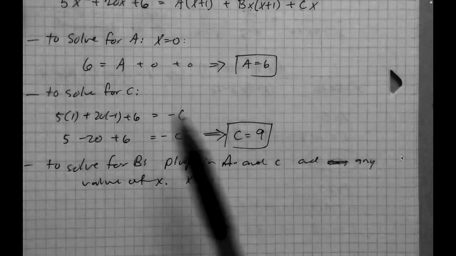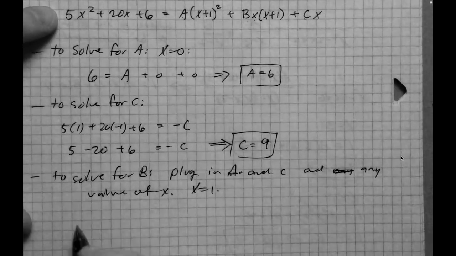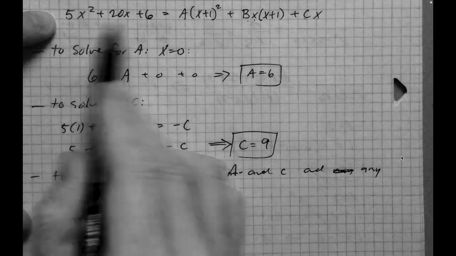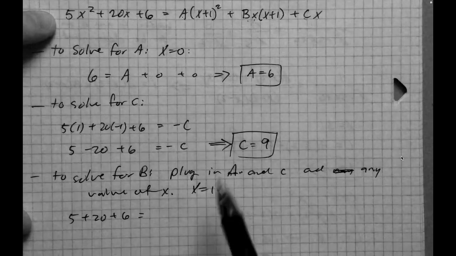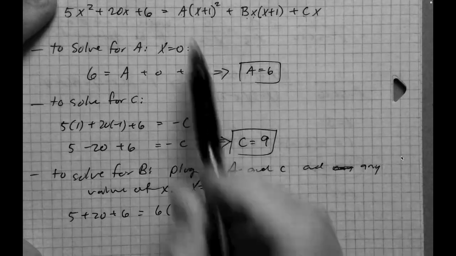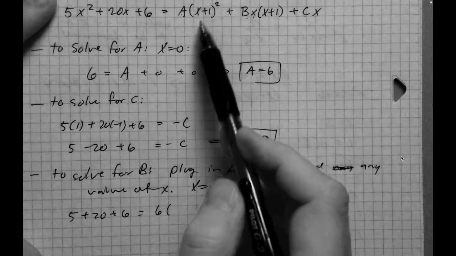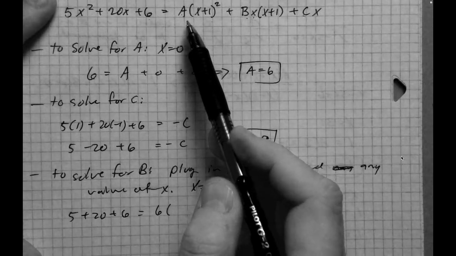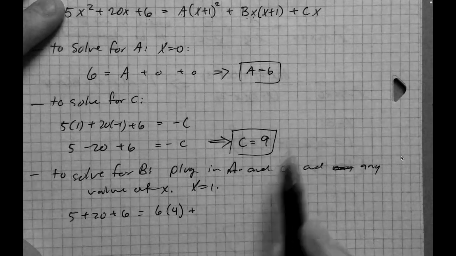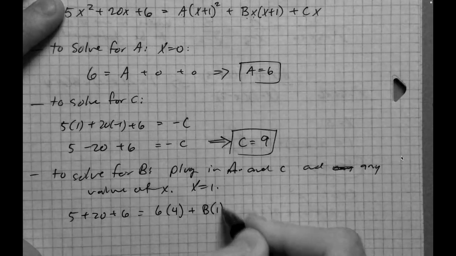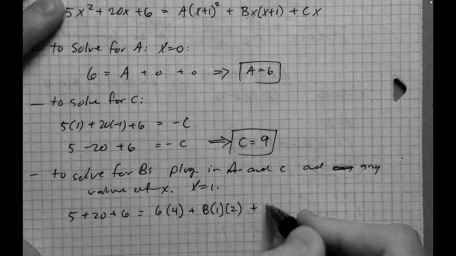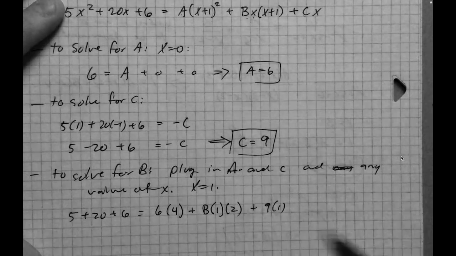But we could use other things like 1. So if I plug in a 1, I get 5 plus 20 plus 6 on this side. And that's equal to A, which is 6, times 1 plus 1 squared, so that's 2 squared, which is 4, plus B times 1 times 2, and then plus C, which is 9 times 1.